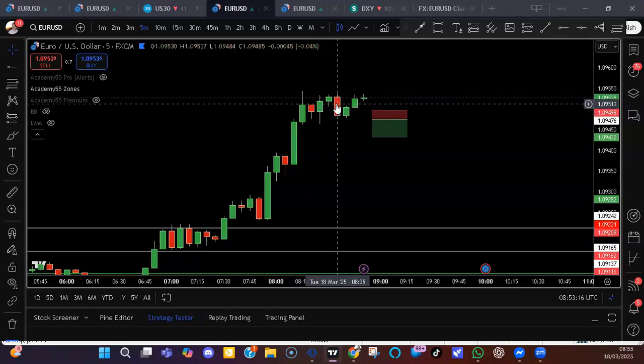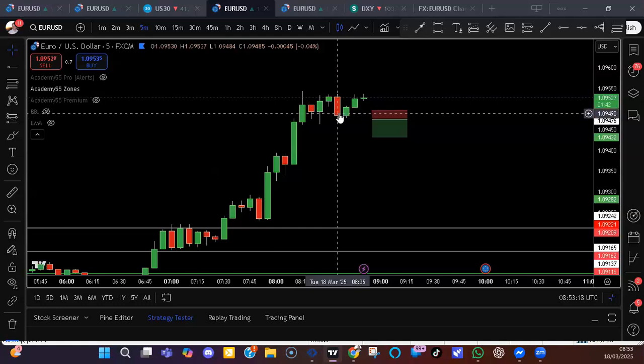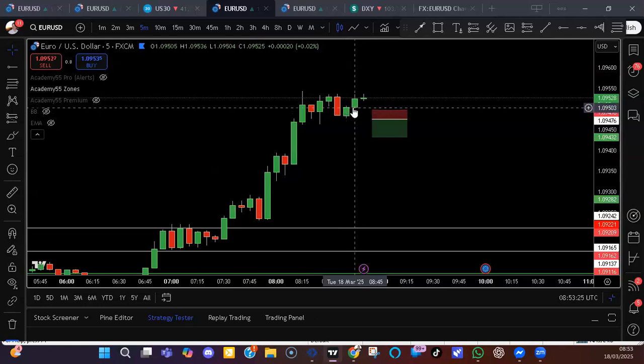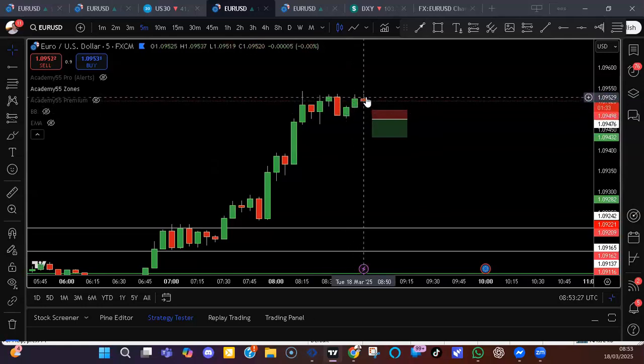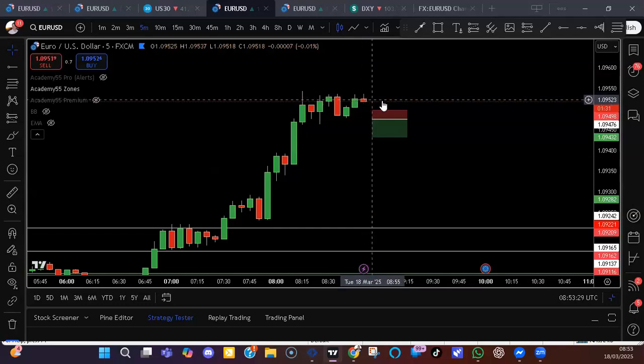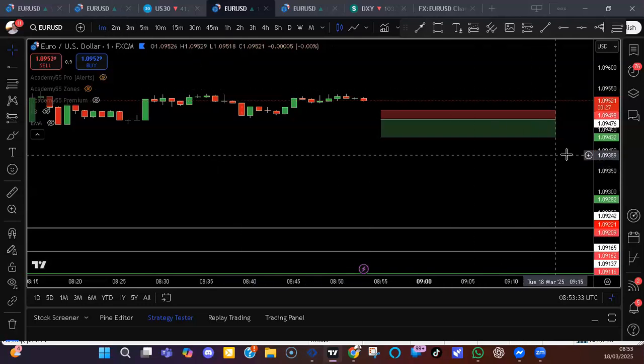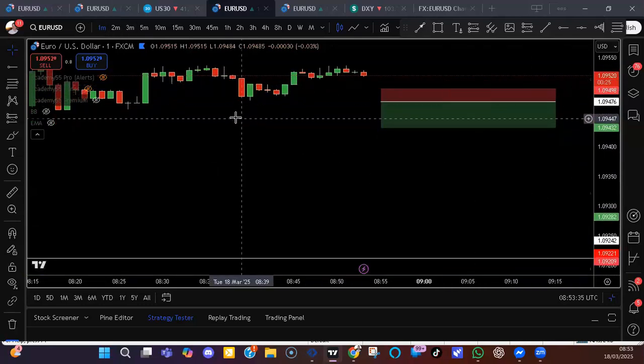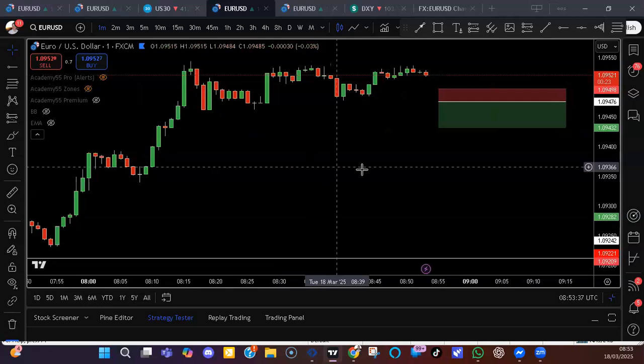And then the sellers came in, tried to make a bit of a move. But the buyers crept in, made it indecision. Buyers crept in again, and now a bit more indecision. So it's not really telling us much, to be fair, other than we're going sideways. And we knew that anyway.